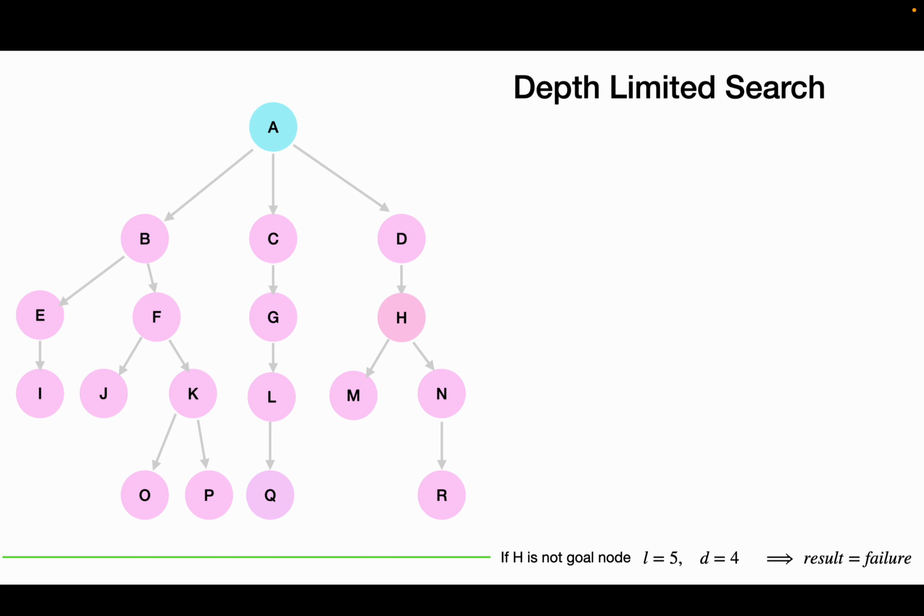If the goal node is not there, then it will traverse the whole tree, and it will neither reach the limit value of 0, nor will it have a successful outcome of reaching the goal node. Therefore, when neither of these two options happens, we reach a state called failure. So these are the three states which depth limited search has.